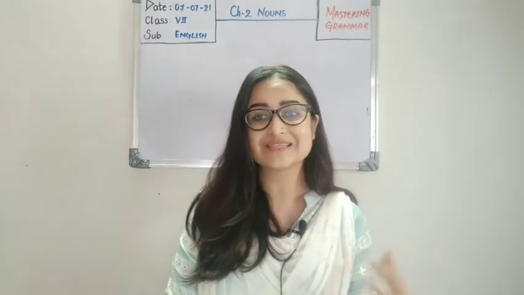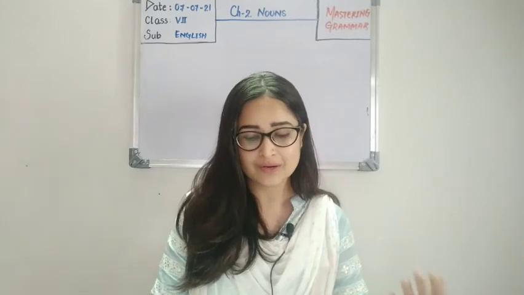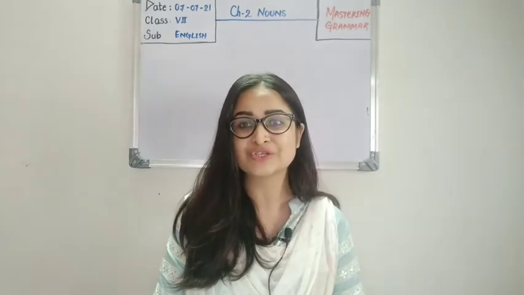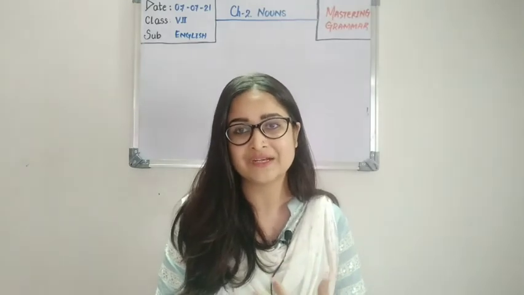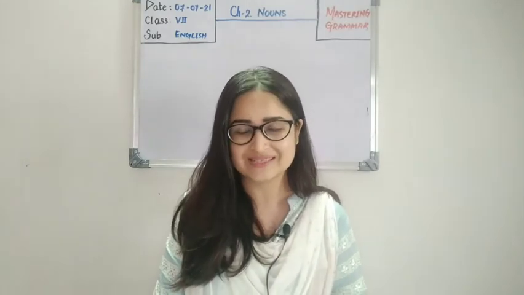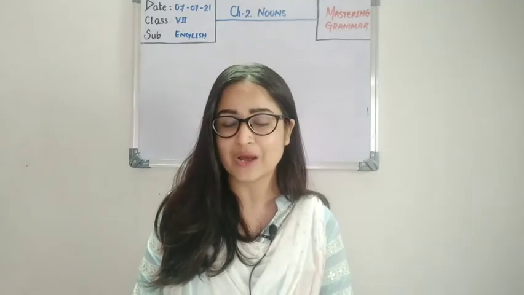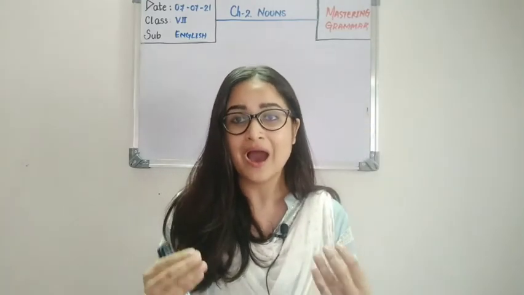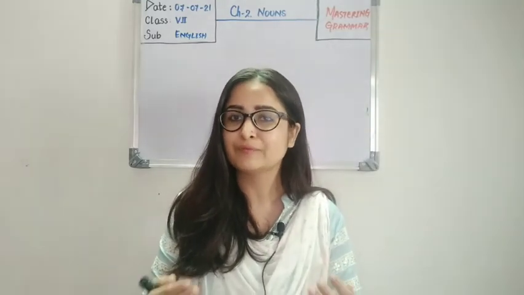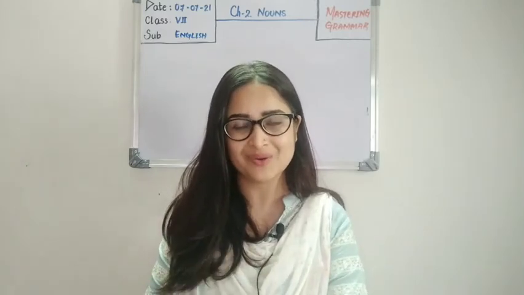Now children, we had started with the abstract nouns. I told you that an abstract noun refers to things or people or any emotions which cannot be touched or which cannot be seen. Now children, I ended my lesson where I was going to tell you how an abstract noun is formed from a verb, from an adjective, or from a common noun, right?